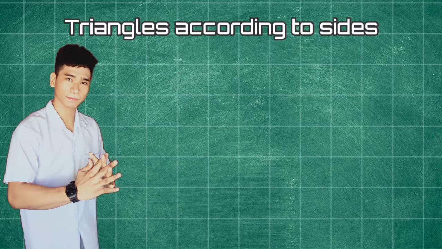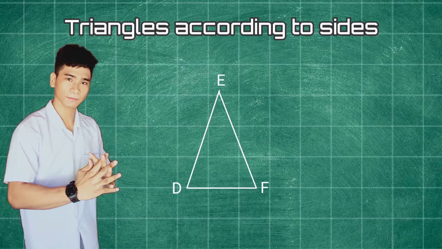Let's move to the isosceles triangle. We have triangle DEF. This triangle DEF is an isosceles triangle. According to the definition, at least two of its sides are congruent, or yung dalawang sides niya ay dapat magkapareho, and then the other one is dapat hindi magkatugma dun sa dalawa.